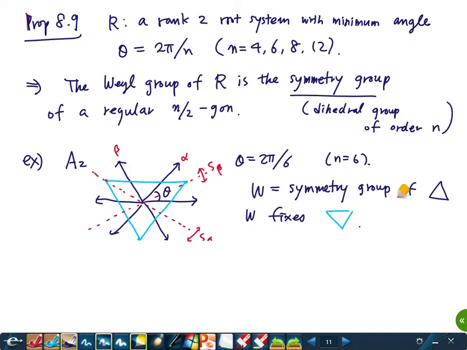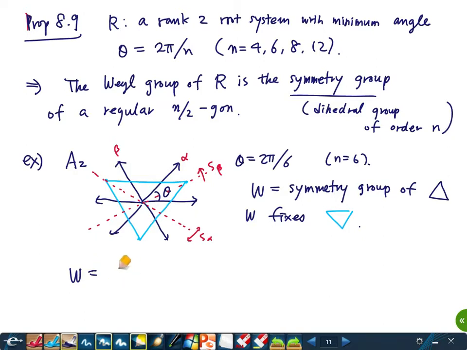It may move one point in the triangle to another one, but the image must be the same, like this. This one, if you reflect about this, is still the same. So in fact, in this case, W is a dihedral group.